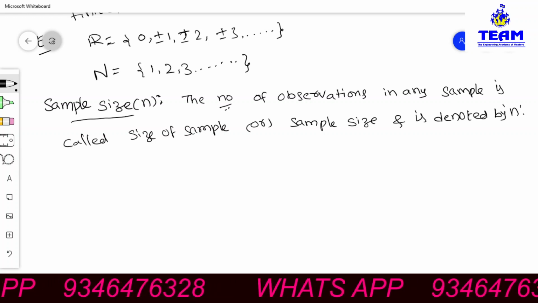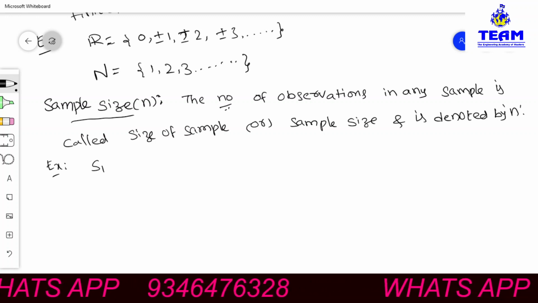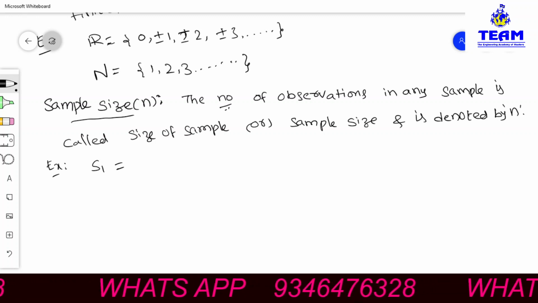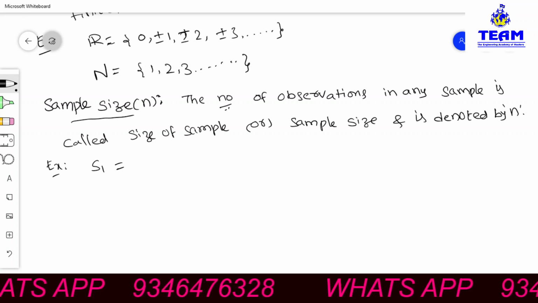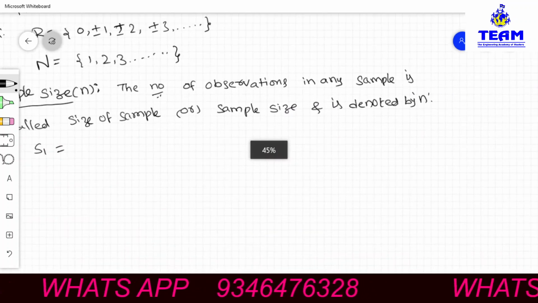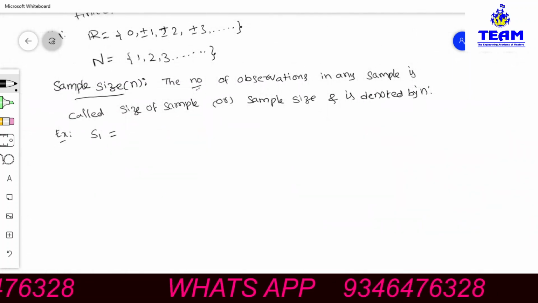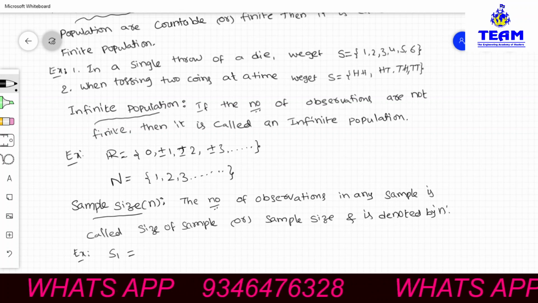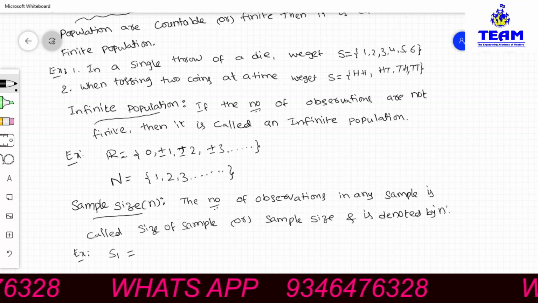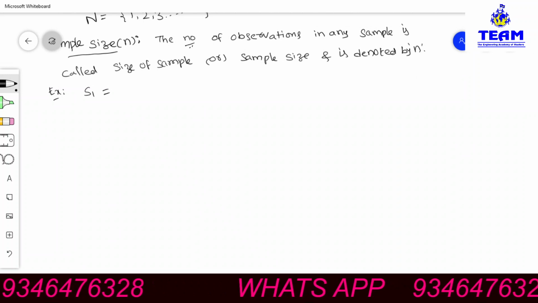For example, in the above example, we are seeing the number of elements in a single throw of a die. In a single throw of a die, the sample space elements are 1, 2, 3, 4, 5 and 6. I am taking samples from that example.